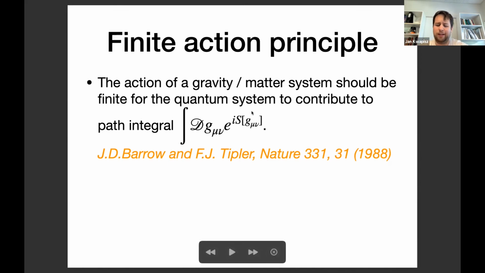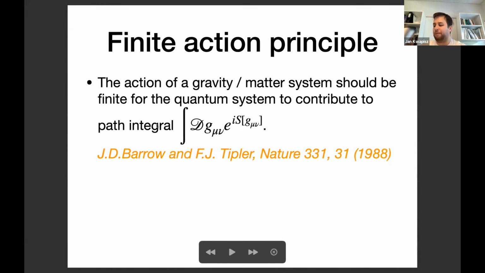This is very apparent after performing a Wick rotation. For example, in a non-gravitational system we have the damping factor e to the minus S, and if the action is infinite, then this configuration is infinitely damped and hence doesn't contribute to the path integral.